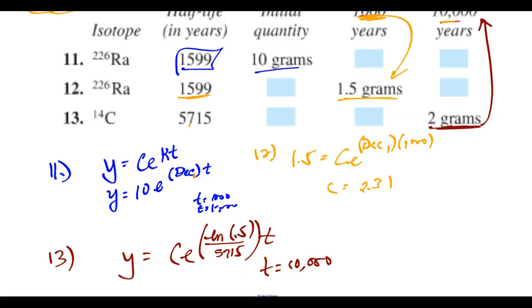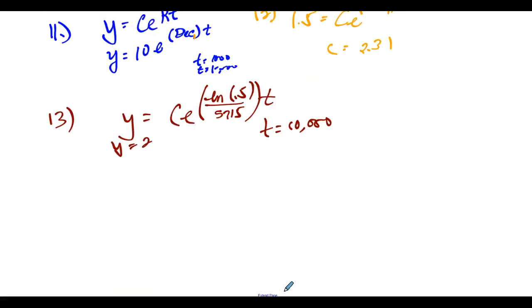So you're going to let time be 10,000 and let y be 2 grams, and plug in and solve for C. So 2 is equal to Ce^(all of this with the 10,000). And I think C will turn out to be around 6.73.